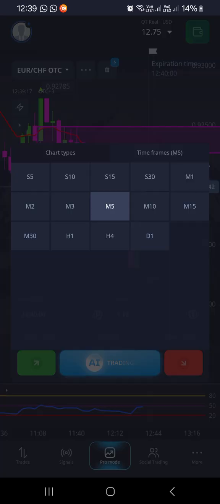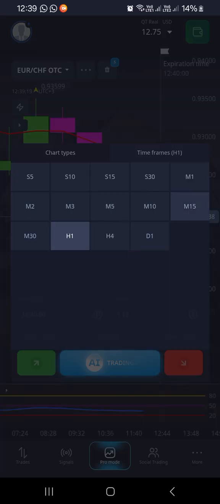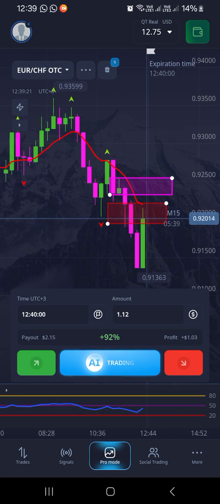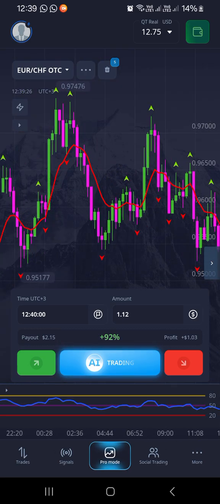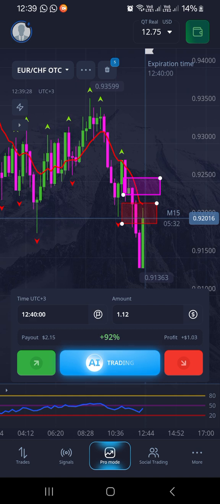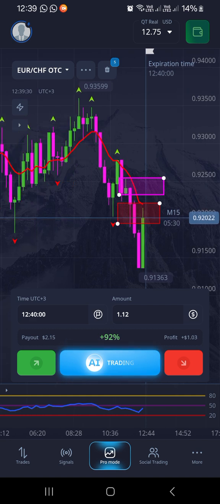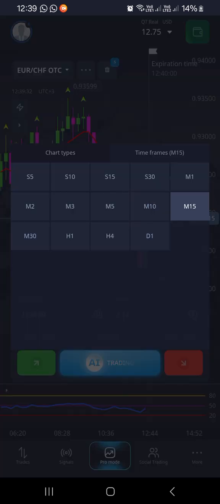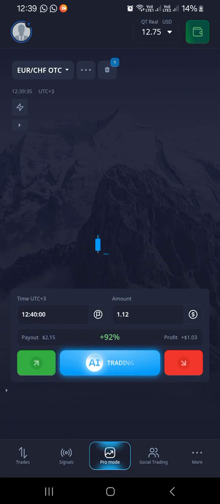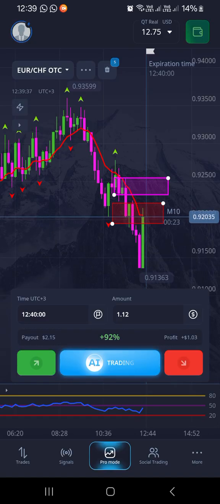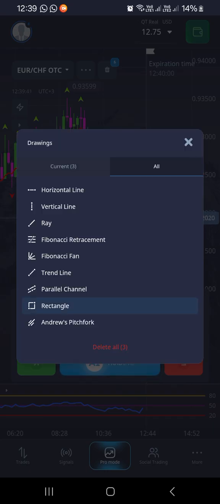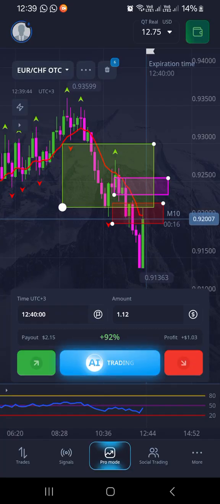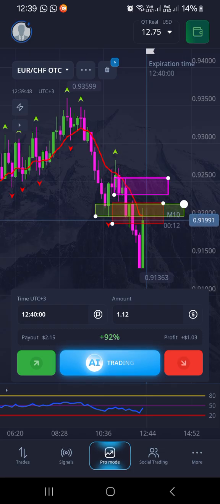So I think we will come to maybe the 15 minutes. So the 15 minutes should come again to maybe 10 minutes. So in 10 minutes, there's a supply zone inside. So we'll come here, we'll mark here, guys.